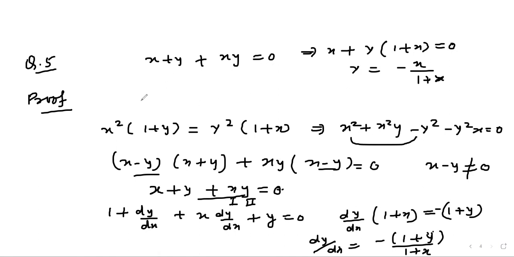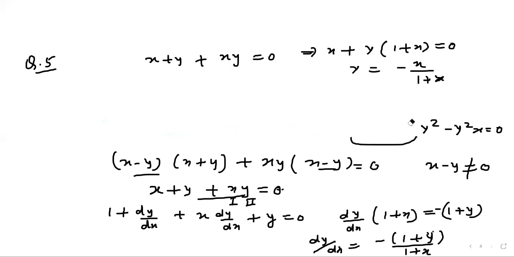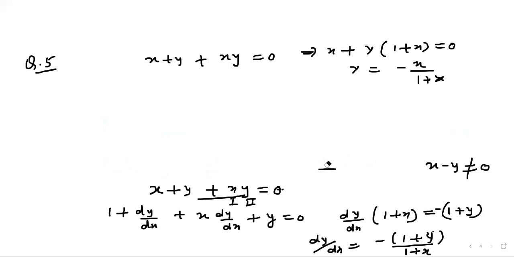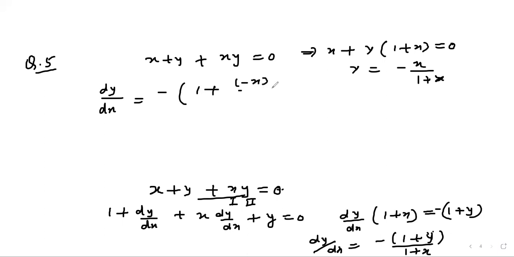So what do we get? We get dy by dx equals minus (1 plus minus x upon 1 plus x), value of y, whole divided by 1 plus x.